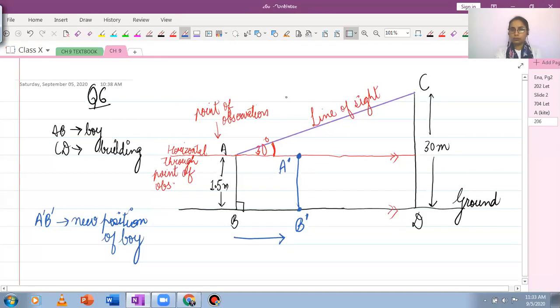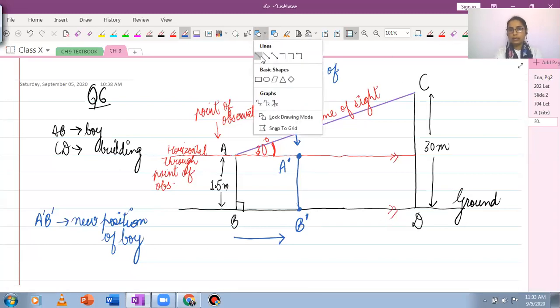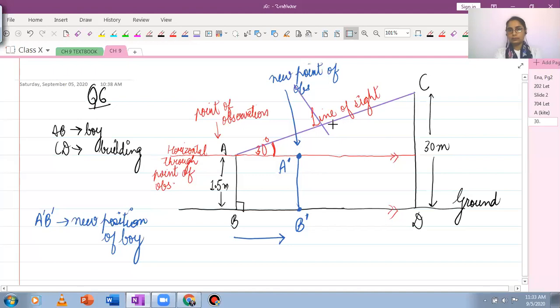So this will be the second point of observation. Now he again looks at the top of the building, and then again you will have a line of sight.